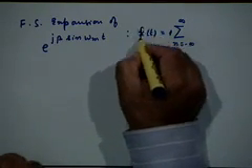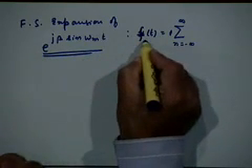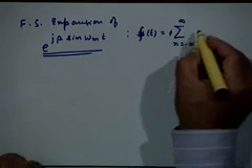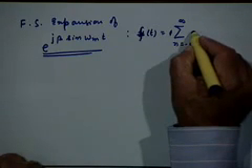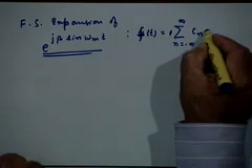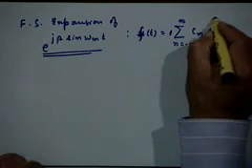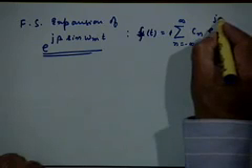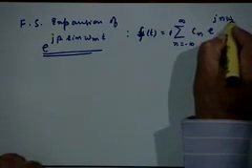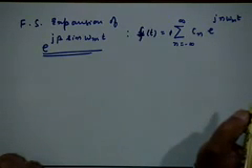I should use some other waveform. I am looking at this function, and I am calling it f of t, equal to some coefficient c sub n into e to the power j n omega mt, that is it, right.